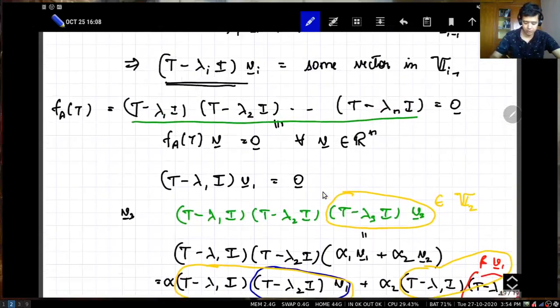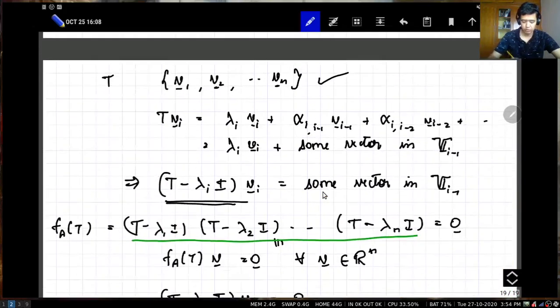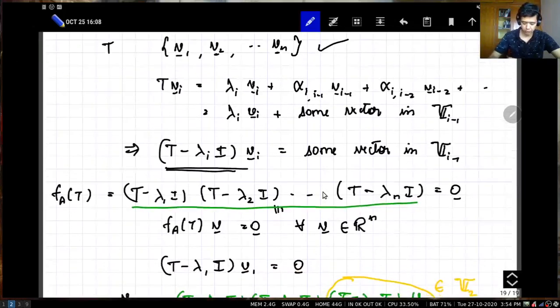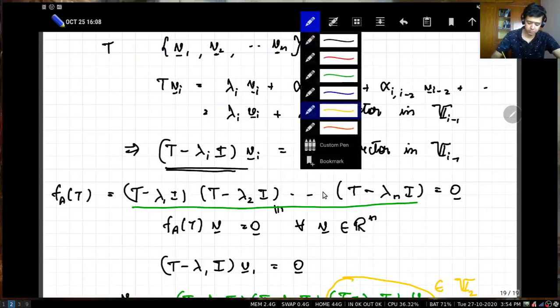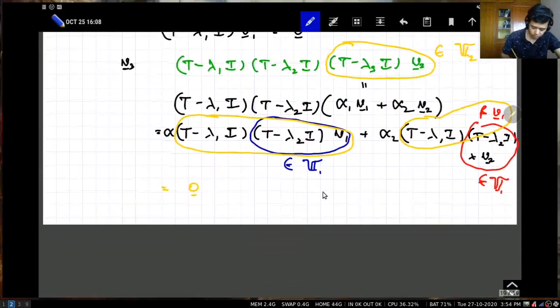So in essence, what we can conclude is that for every flag basis vector, fA of T times Vi is equal to 0, where fA is the characteristic polynomial.